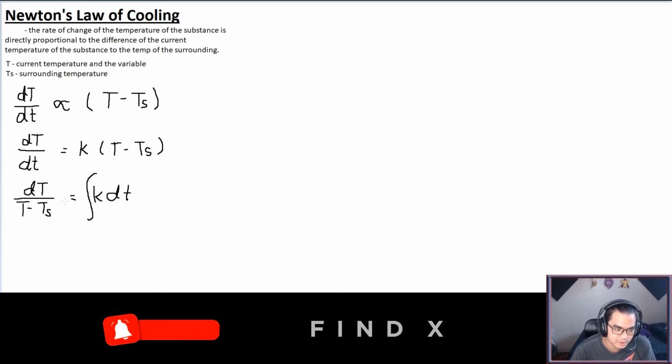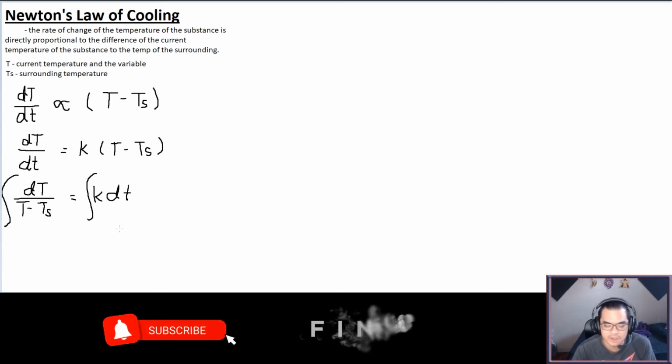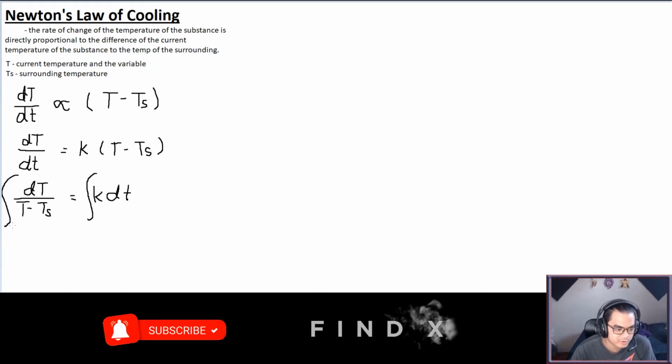So performing the integral, but of course, we must have a limit for this one. The limit for this one is T0, from the original or initial temperature, to the final temperature, which is T. We will use T for the final temperature. I hope you guys don't get confused with this. And then for this one, of course, from the present to the required time that you want. The present time must be 0 to t.